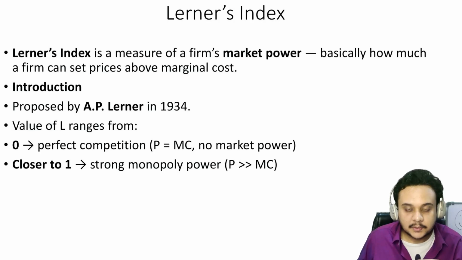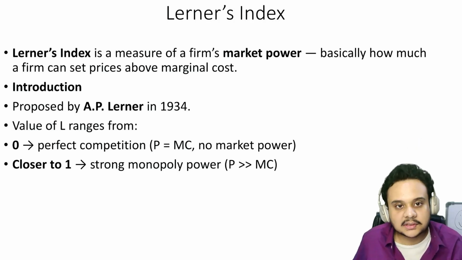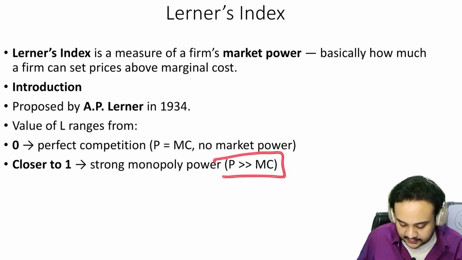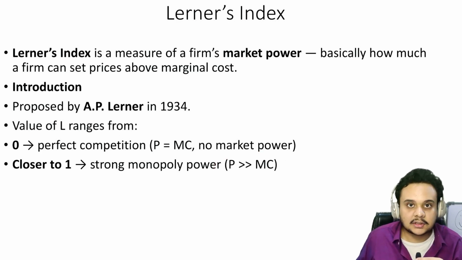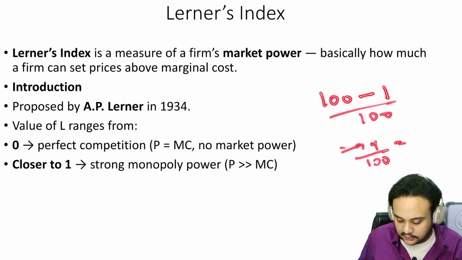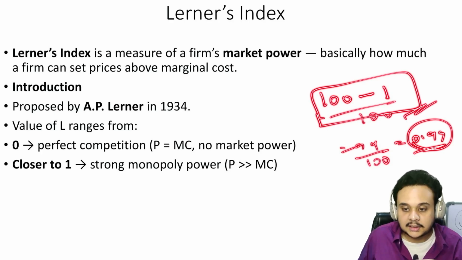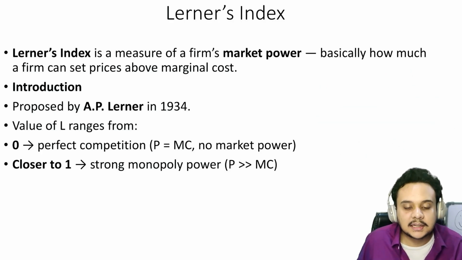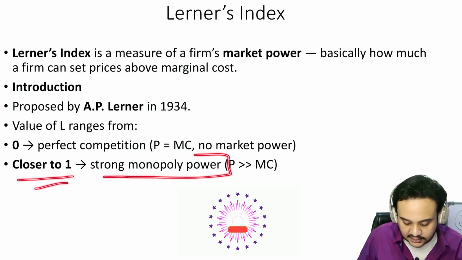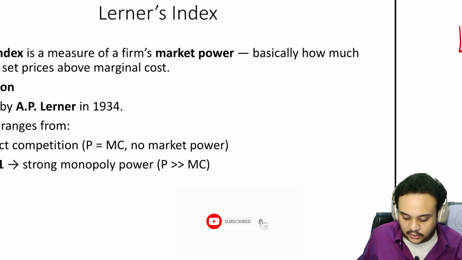When P is much greater than the marginal cost, let us say (100 minus 1) upon 100, so 99 upon 100, so 0.99. Look at how big the price is and how small the marginal cost is. So as it goes closer and closer to 1, we say the monopoly power gets stronger and stronger.